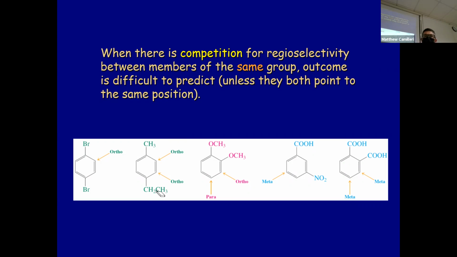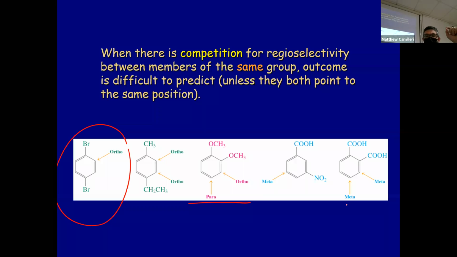Now, for the first one, it does not matter. It's perfectly symmetrical. As long as you only have one substitution, it doesn't matter. But for these two, it does.